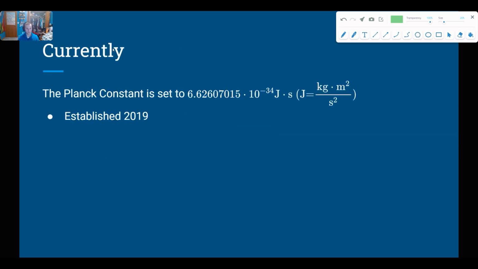Currently, this was in 2019, so again, not that long ago they changed this. The Planck's constant is defined to be an exact constant in joule seconds. A joule is kilogram meter squared per second squared. So the definition of the kilogram depends on the definition of the meter and the second. And as we saw, the meter also depends on the second. So do with that information what you will.